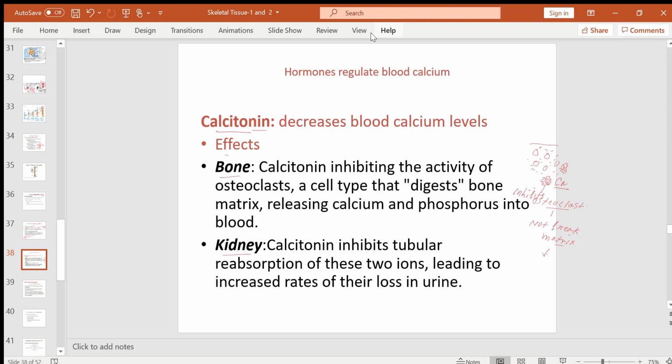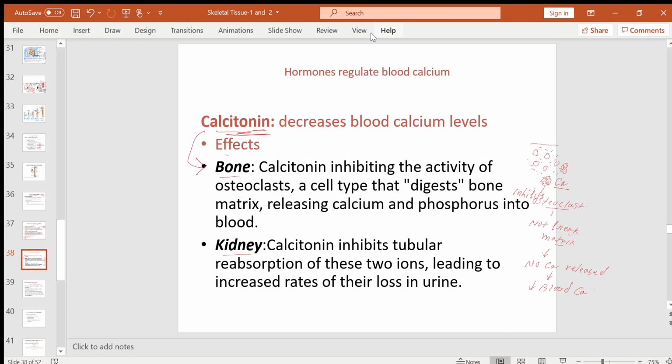No calcium is released into the blood. So blood calcium will go down. Okay, decrease or lower blood calcium. So that is how calcitonin works on the bones to lower the blood calcium.